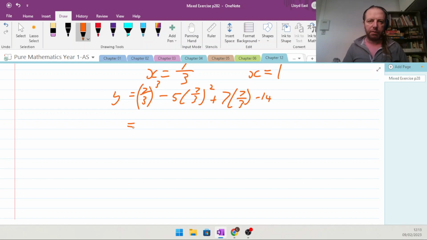And that gives us, what do we have there? 7 over 3, which I'm going to store as an x value. So x to the power 3 minus 5x squared plus 7x minus 14 gives us minus 12 and 5 27ths.